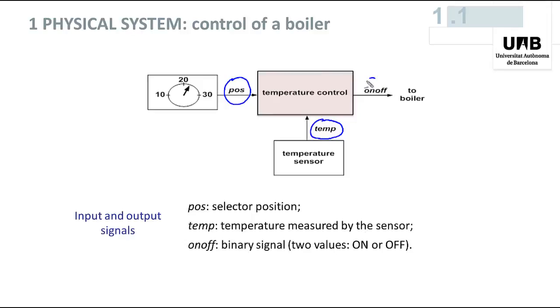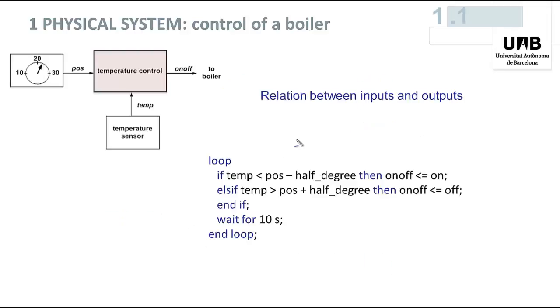There is an output signal on-off with only two possible values. On, get started the boiler, and off, stop the boiler. In this example, the relation between inputs and outputs is defined by the following piece of program.